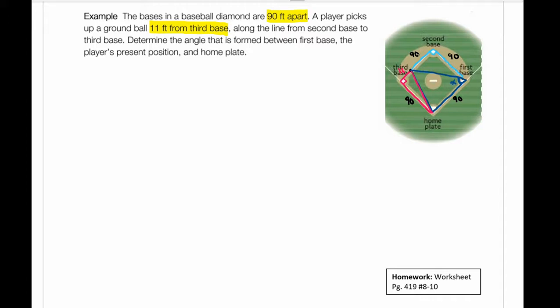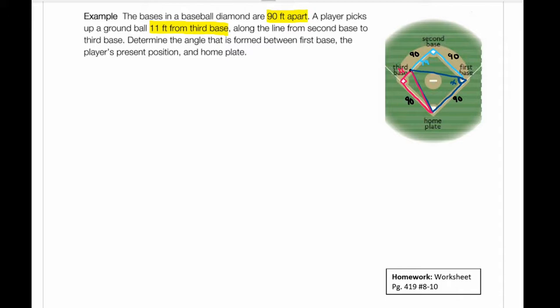Now the full side isn't 90 here, but we know that from this dot to third is 11. So that means from the dot to second is going to be 90 minus 11, or 79 feet. Because again, that whole distance is 90. We know part of it is 11. The other part needs to be 79.